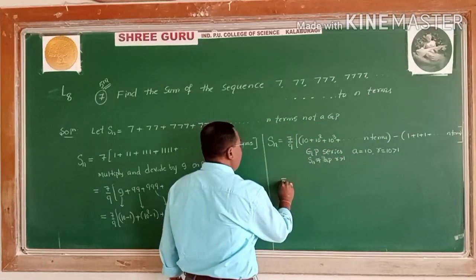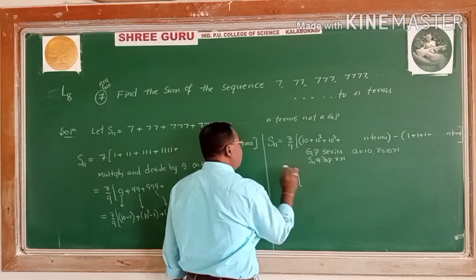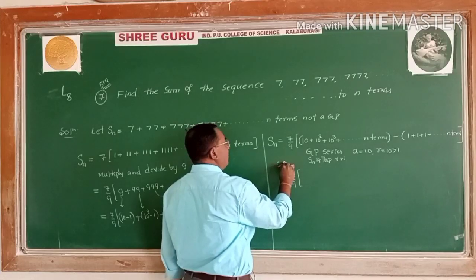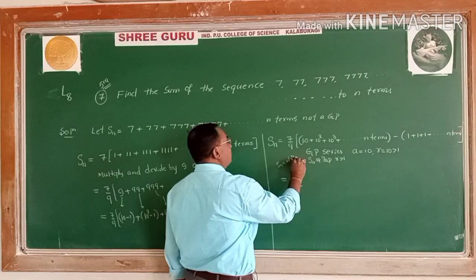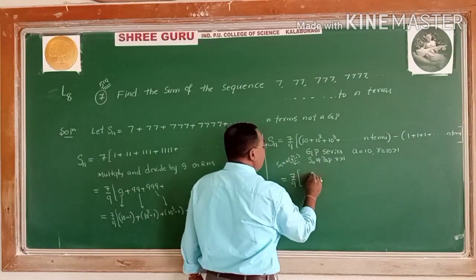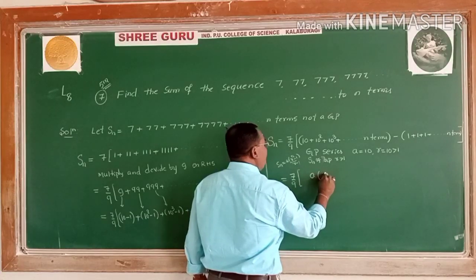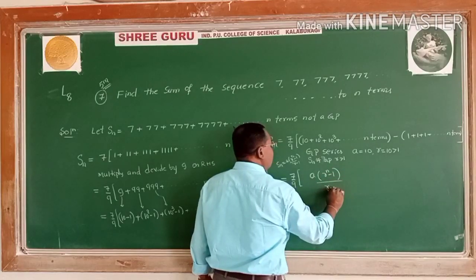Here 7 by 9, Sn. What is the Sn of GP formula? I will write it here. For Sn of GP with R greater than 1, the formula is A times R power n minus 1 divided by R minus 1. This is the formula. Write it: A times R power n minus 1 divided by R minus 1.